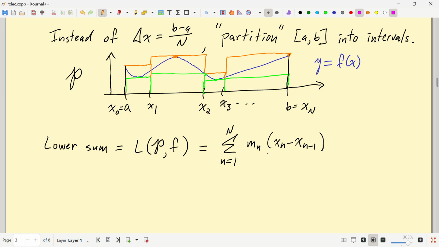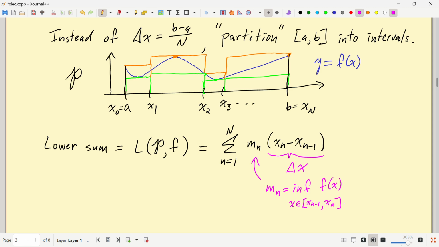You think of that as the delta x in the Riemann sum. But now m_n is equal to the inf of f of x when x is in that interval, x_{n-1} to x_n. That gives you the area underneath the green stuff there, which is clearly too small for the area.